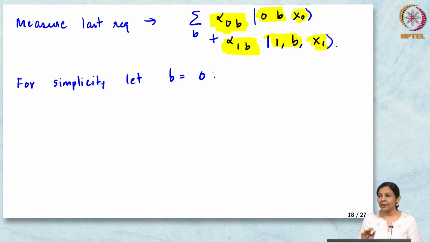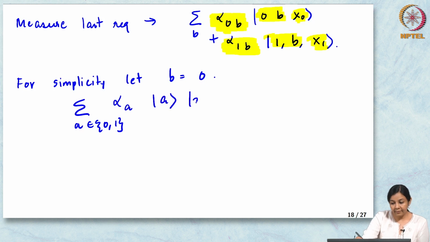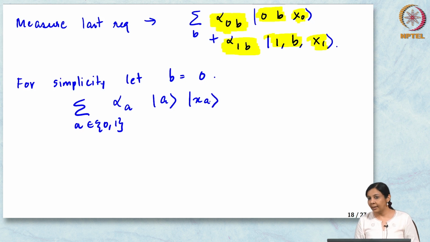Recall that b is one of the C0 inputs, so I am just taking it out of the picture. Now, if I remove the b, I get summation over a in 0, 1, a is binary, of alpha a, x a. This is a nice clean expression that I can stare at. It is just what we have above highlighted in yellow, but with the b removed.